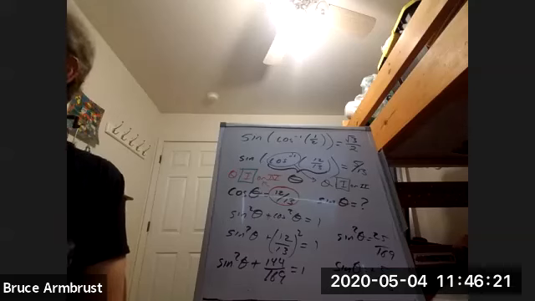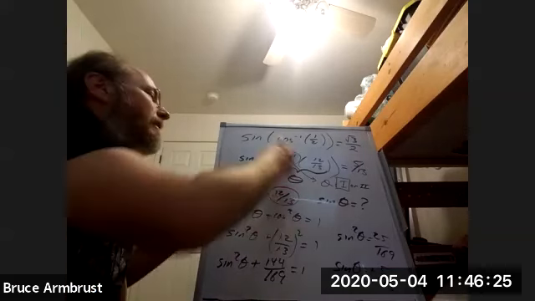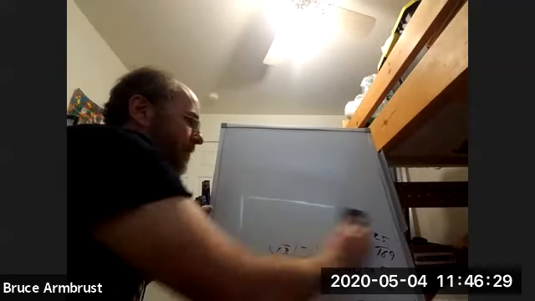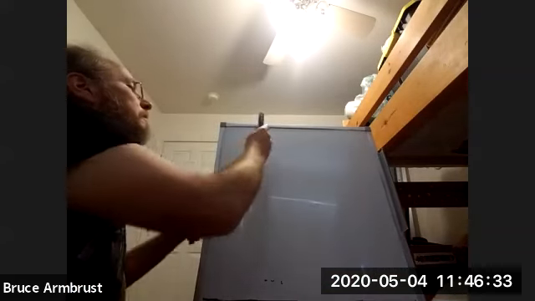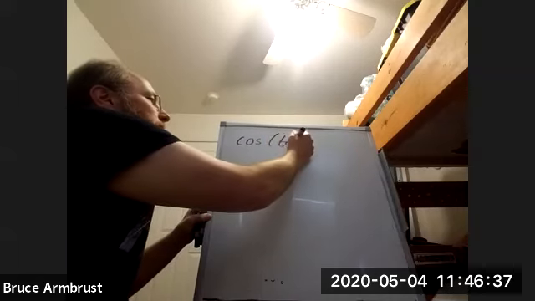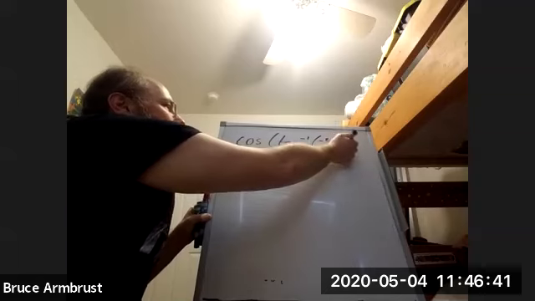So let's try another one here. Let's do the cosine of the inverse tangent of minus 2/3. So cosine of inverse tangent of minus 2/3.